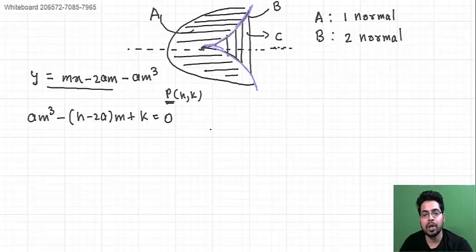And for any point beyond this curve, extended till infinity, that means in region C, we can draw three distinct normals.